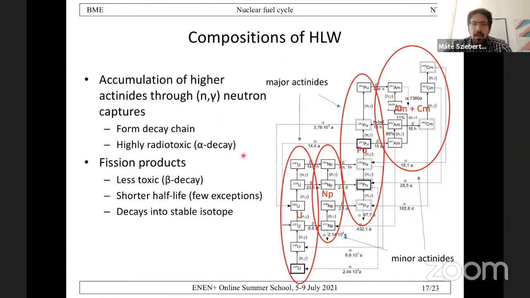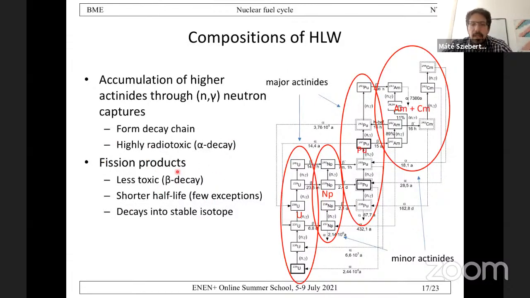These are all highly radiotoxic alpha decaying isotopes, which form a decay chain. So in fact, their half-lives are not important, because even if they decay fast, they decay into another actinide with alpha decay, and so a long decay chain will lead only to a stable isotope.